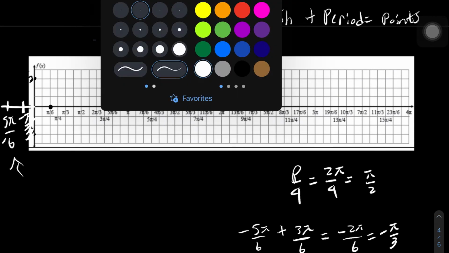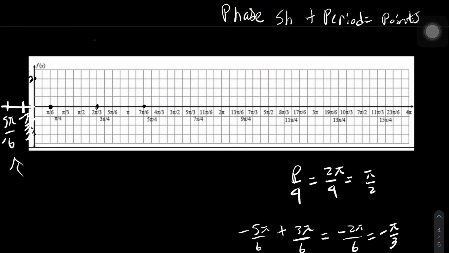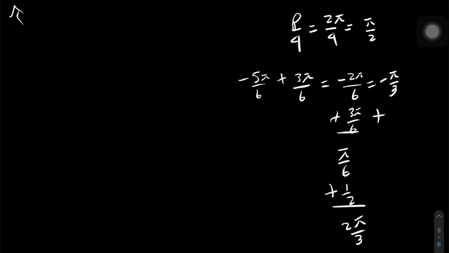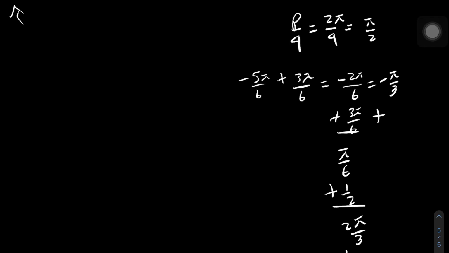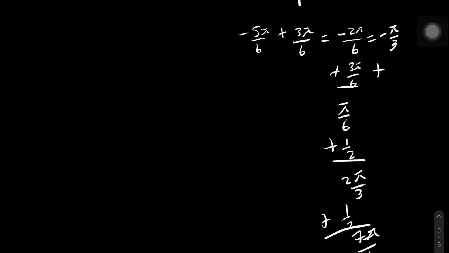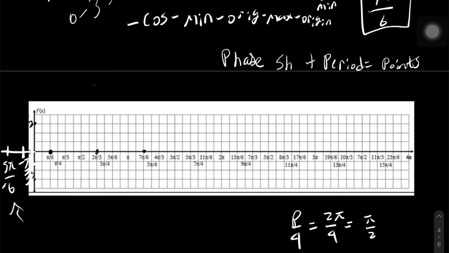If we add another 1/2, we get 7 pi over 6, which is what we had after we added our radian to our phase shift. So we have a total of 1, 2, 3, 4 points before our period, and now we can actually graph.